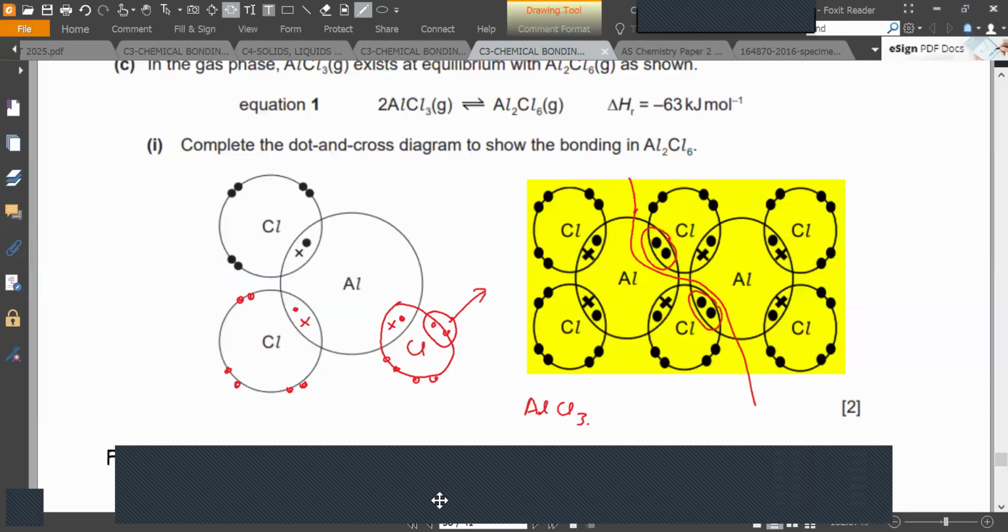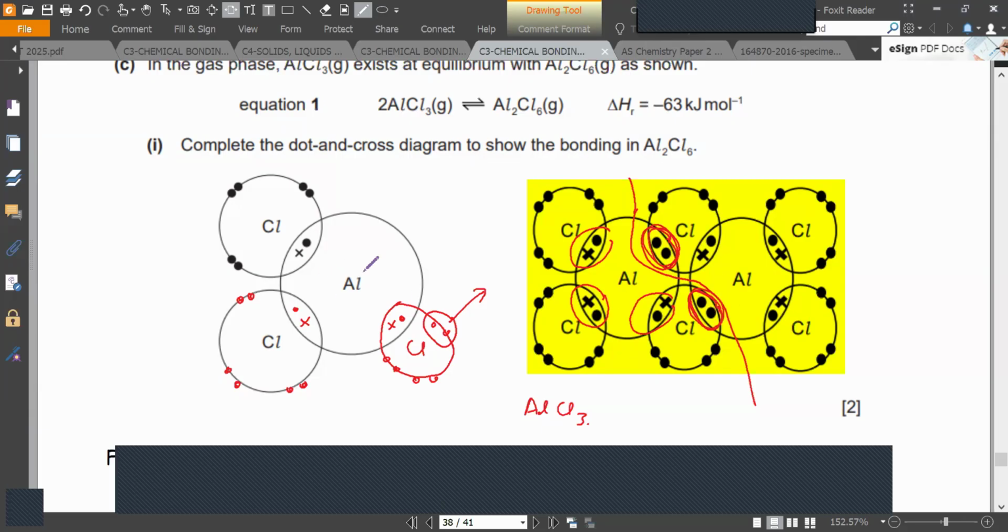We just need to make sure we understand what is going on. You see, in all of these, both sides contribute the electron. But the coordinate bonding is only coming from chlorine.